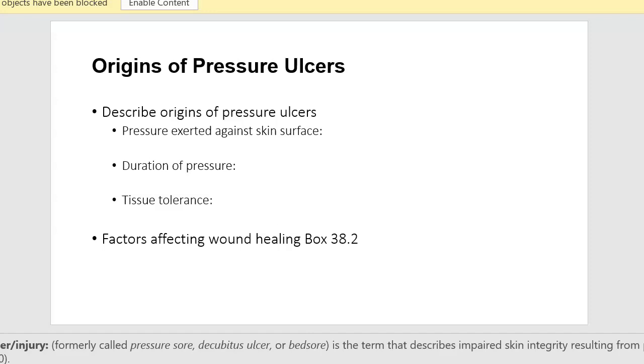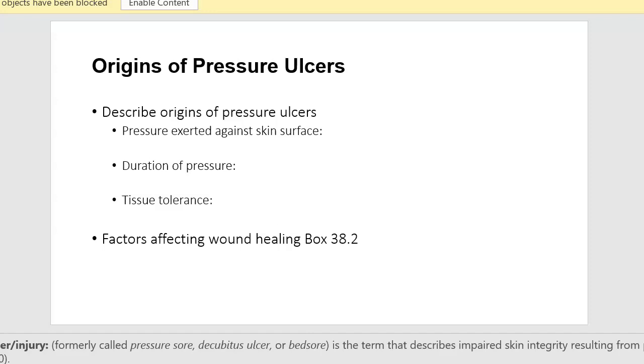So tissue tolerance can alter the ability of the skin and supporting tissue to respond to pressure. So shearing, friction, moisture, nutrition, infection, age, all those risk factors. Integrity of skin and supporting structures influence the ability of the skin to redistribute the pressure.